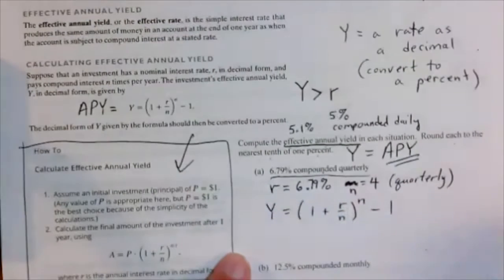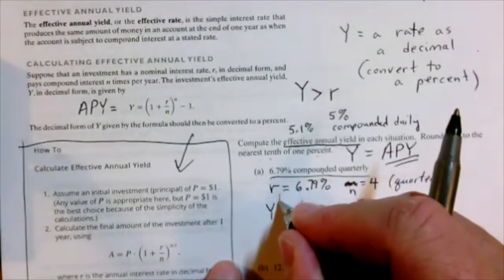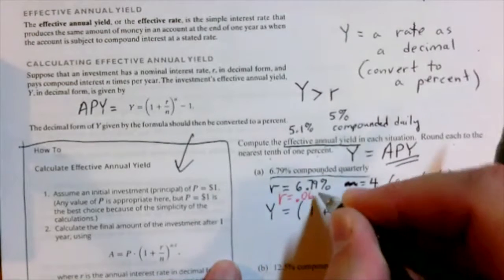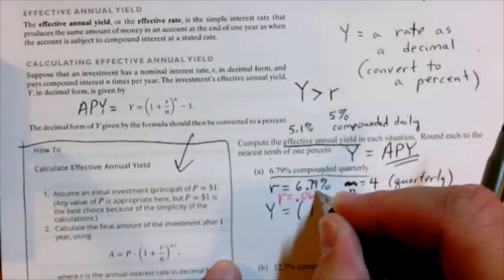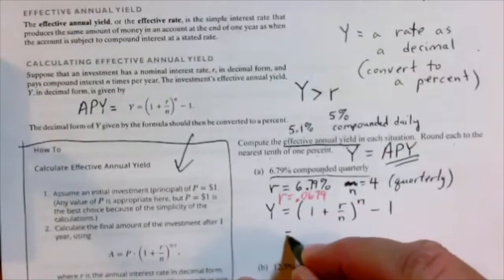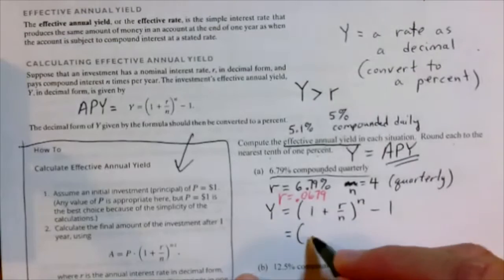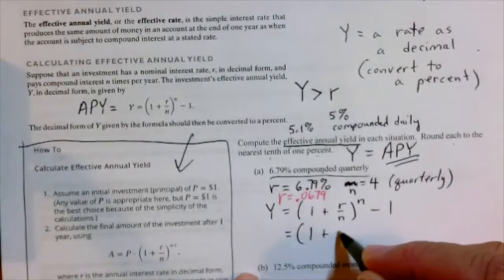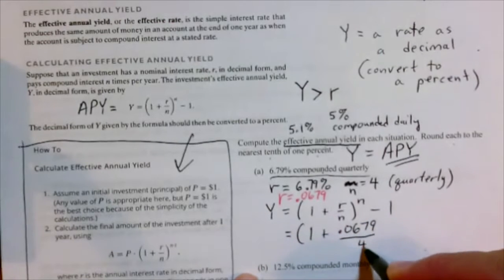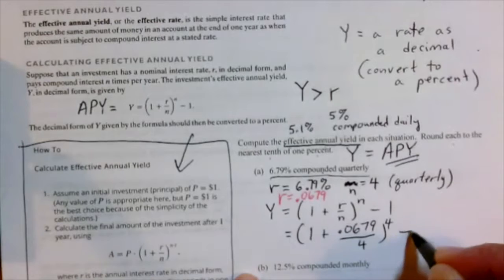All right, so the first thing that you have to do is convert the R to a decimal. And we've always done this. Move the decimal point 2 places to the left, and then take away the percentage symbol. And then N is just 4, we plug it in. So the annual yield is 1 plus 0.0679 divided by 4 to the 4th power minus 1.